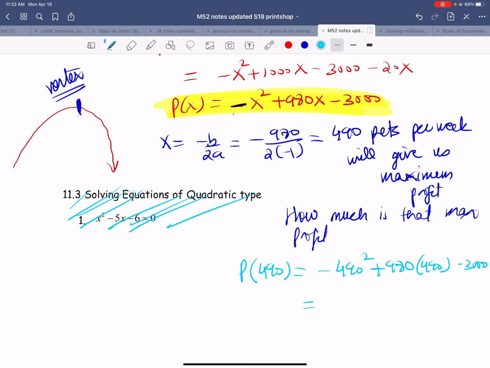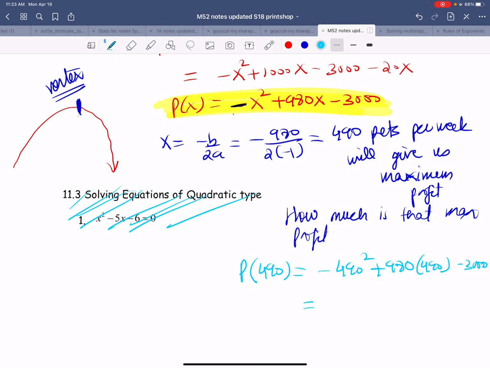So let's start plugging into the calculator. Negative 490 squared plus 980 times 490 minus 3,000.